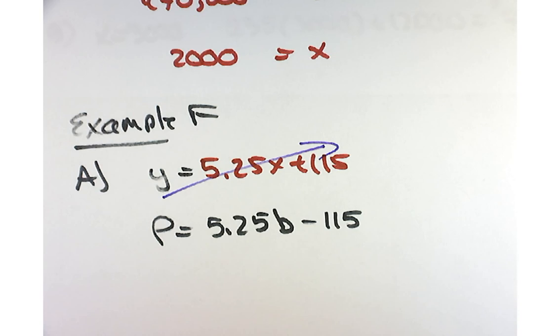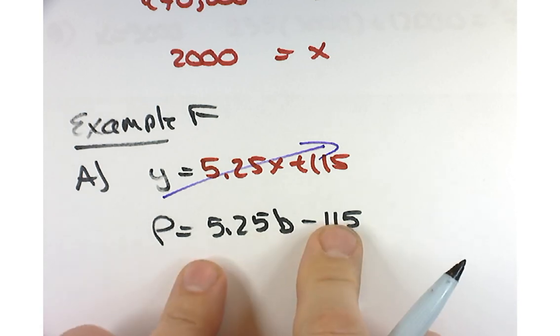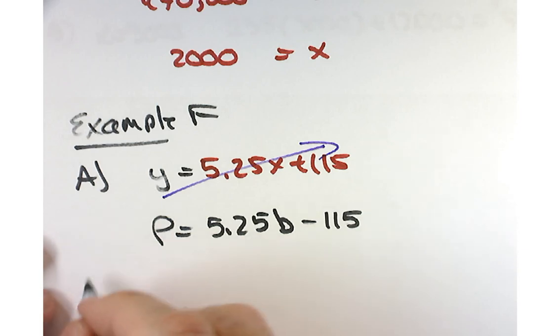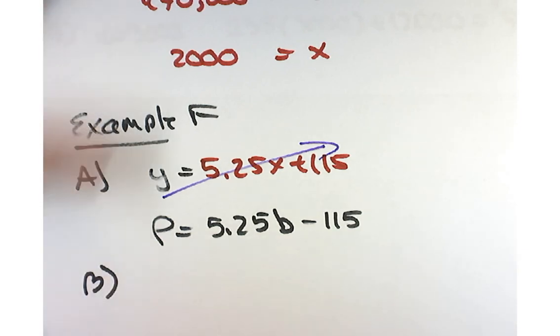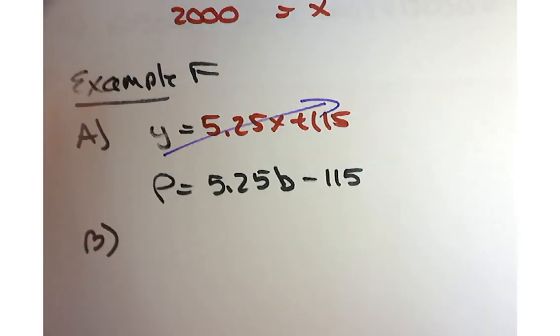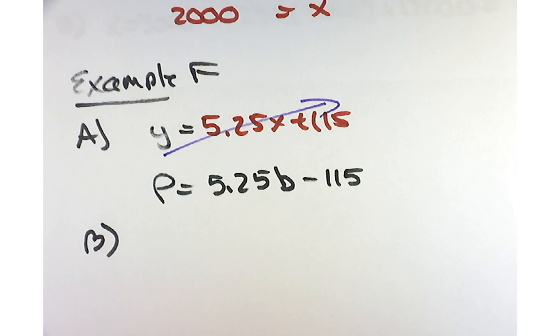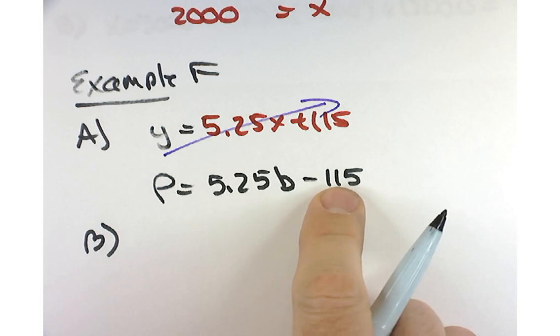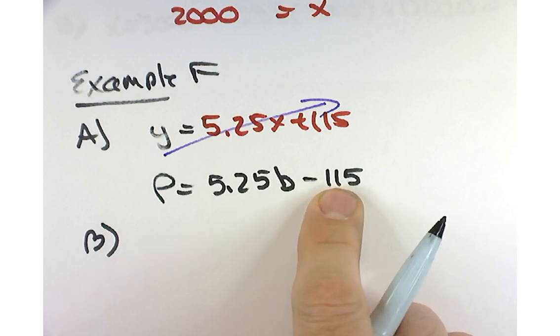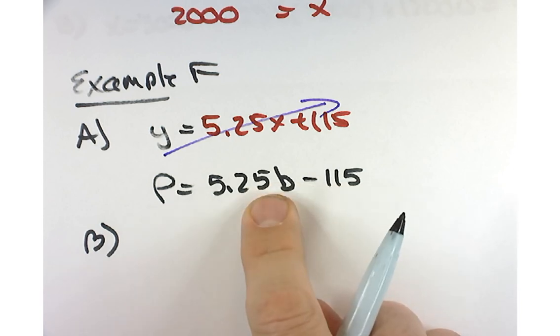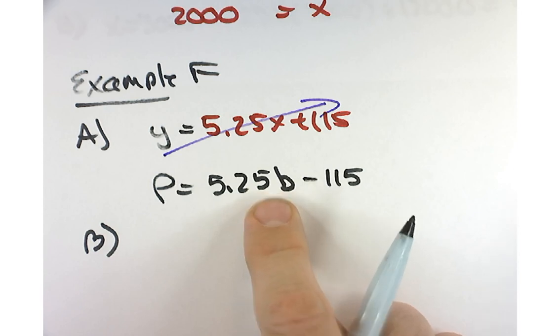Okay, so now that we've got this, that's our first part. Let's see if we can't answer some other parts. But this was the tough part. This is the part that when I first read this problem, I didn't really appreciate that. Oh, you got to lay out $115 to begin with, and then hopefully you'll sell enough bags to kind of catch up, right? We'll figure that out as the last part.